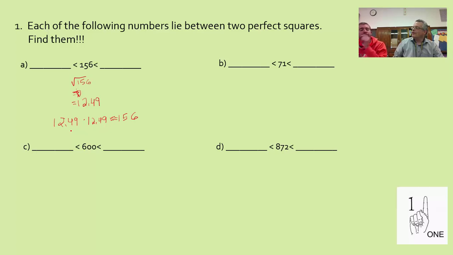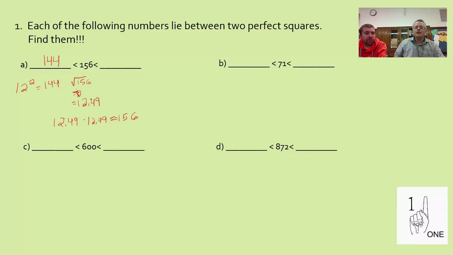So to find the perfect square that's less than it, we round down. So 12 squared would be less than 156. 12 squared is 144. So that's what goes in the first place. 12.49 times 12.49 is 156. So the integers we multiply that are less than that are 12 times 12.